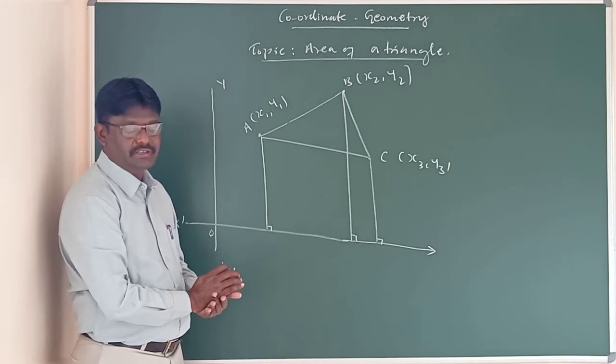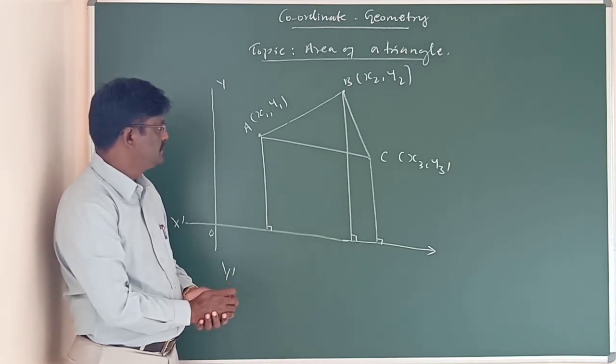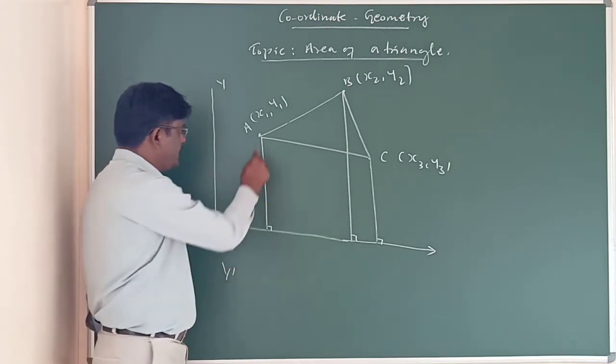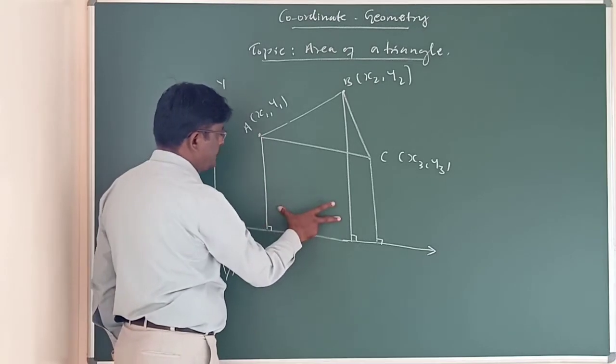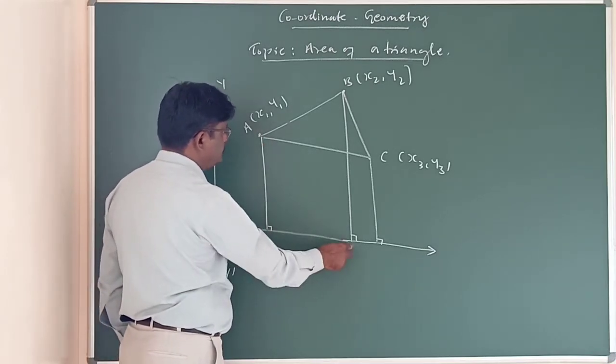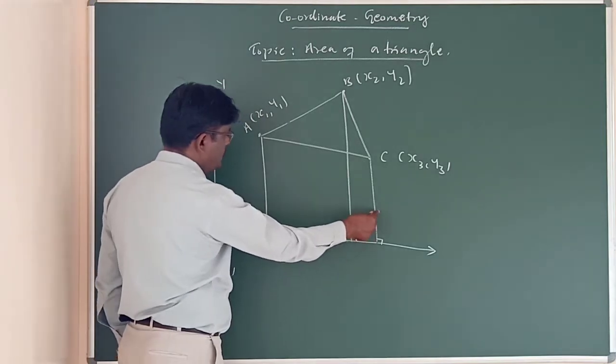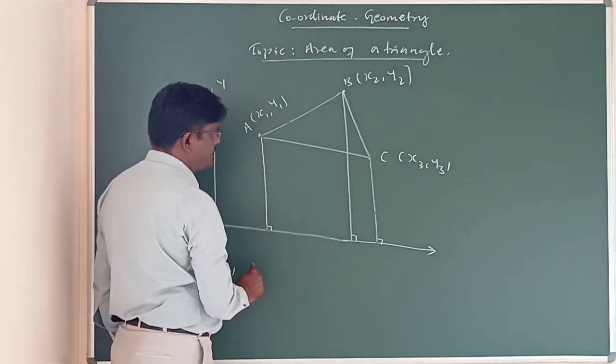Which are the geometrical shapes? Can you make out? Yes, here we have trapeziums, this one, and again this and this, like that.